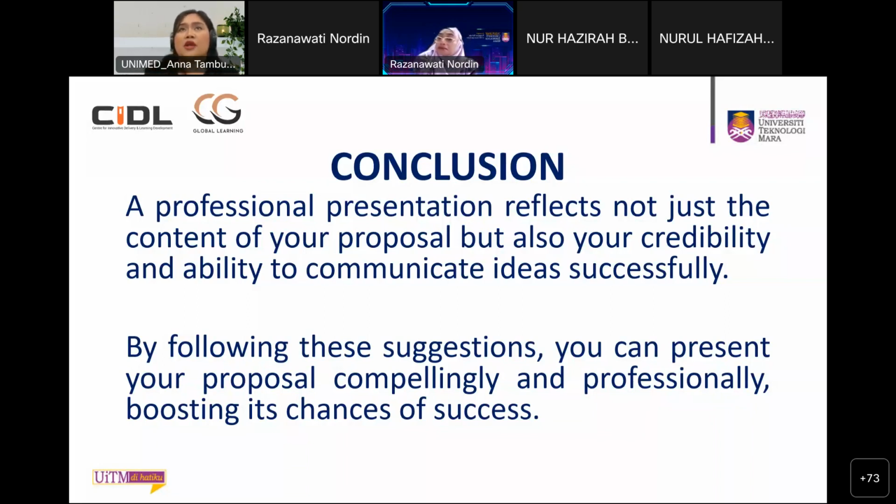So you not only have to write successfully, but you have to communicate successfully what you have written in your proposal. Now, by following these guidelines and suggestions, of course, you can present your proposal compellingly and professionally, boosting its chances of success.